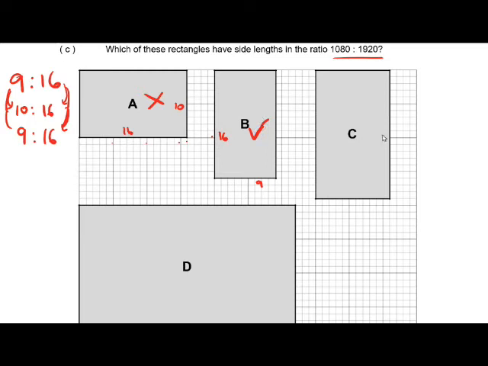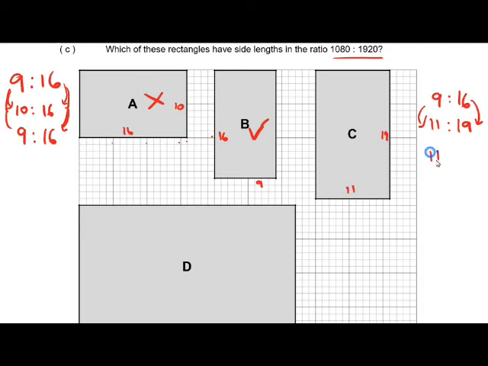Do the same for shape C. So we're looking for a ratio of 9 to 16. Let's count the squares. 5, 10, 15, 16, 17, 18, 19 squares down, 5, 10, 11 squares across. So we have a ratio of 19 to 11. So whatever your scale is to get from here to here, it needs to be the same scale to get from there to there.